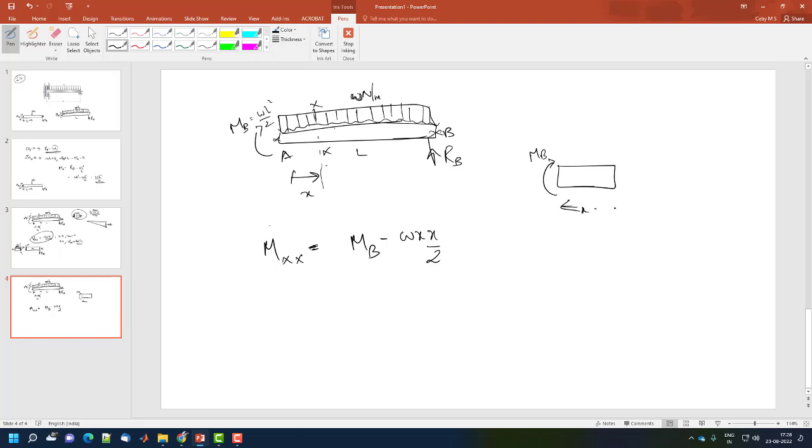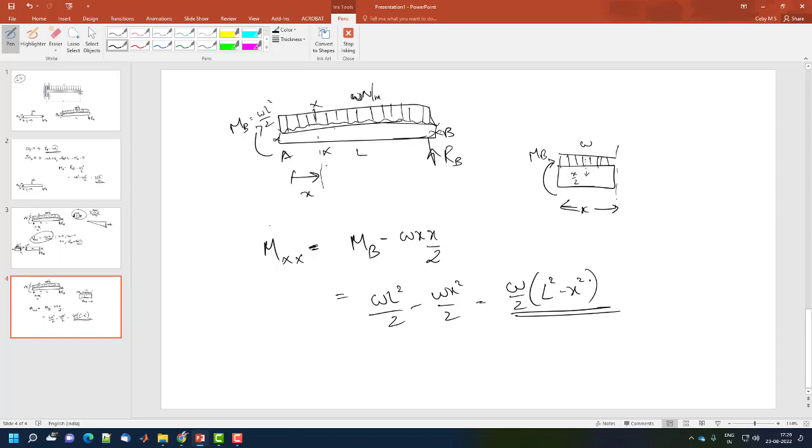If you reduce it to a concentrated load, you get WL square by 2 minus WX square by 2, that is equal to W by 2 into (L square minus X square).